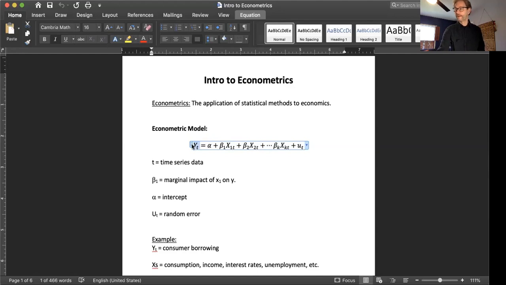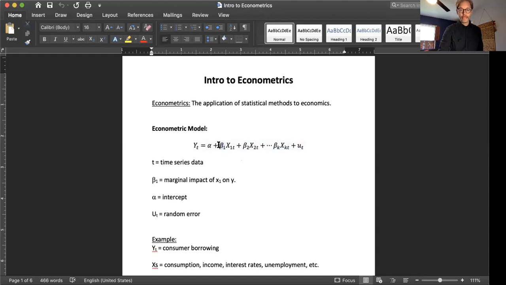Sorry, I don't know if you can hear the noise in the background. Someone is obviously doing some track and field practice in my house. So Y_t is the dependent variable, or the variable that we're trying to explain. And X_t is the independent variable, or the explanatory variable. So what we say in this setup is that these X's are variables that cause Y.